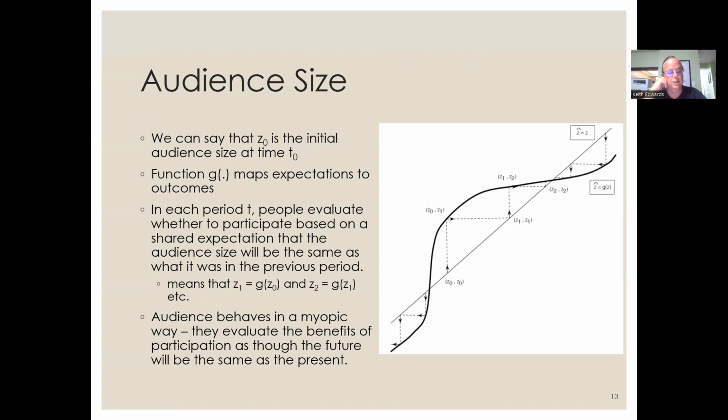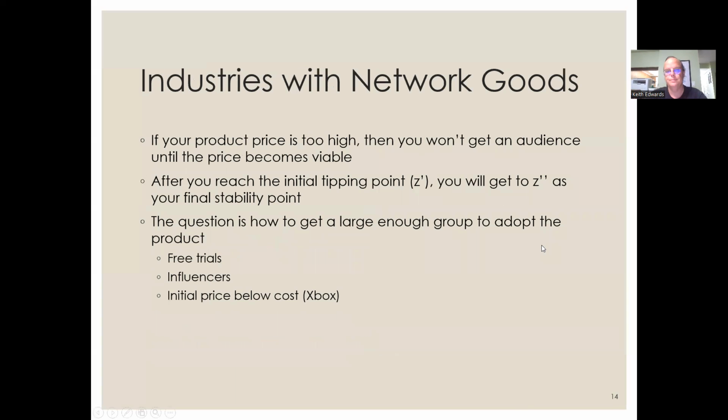In this image, you can see how the curve acts with an audience moving away from the stability point 1, the first place where it crosses the axis, and moving upwards towards the second stability point. Industries with network goods: if your product price is too high, then you won't get an audience until the price becomes viable.